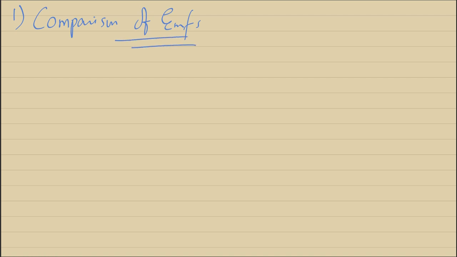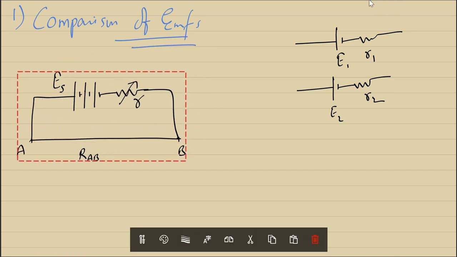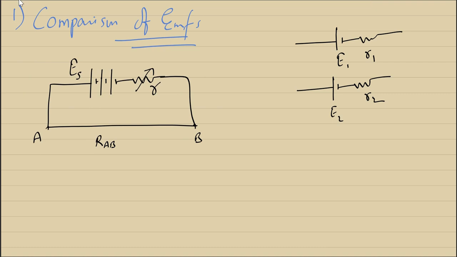Suppose we have two cells, one of EMF E1 and internal resistance R1, and the other of EMF E2 and internal resistance R2. Now let us try to understand the circuit diagram. The main circuit still remains the same, just like this. There will be some slight changes.